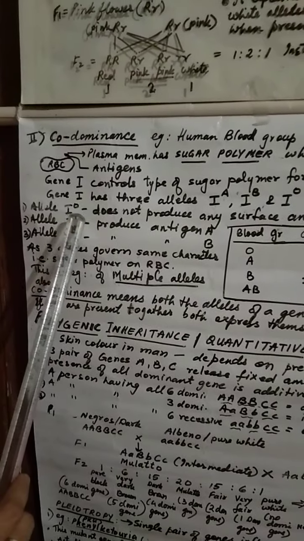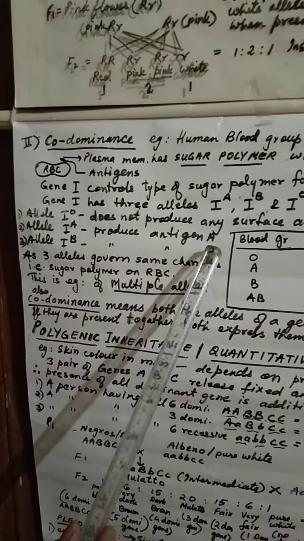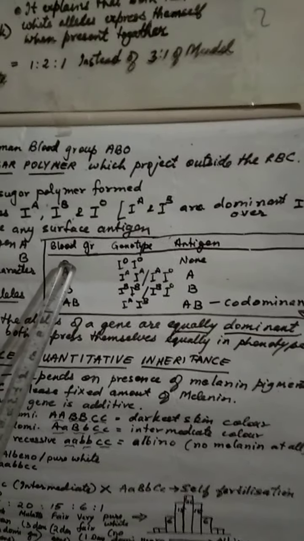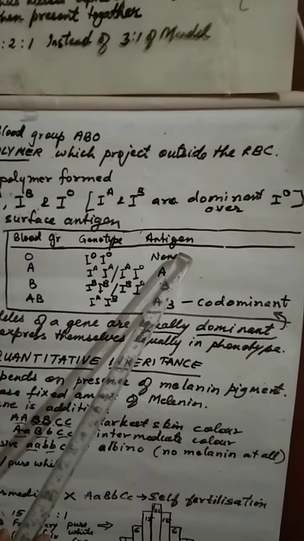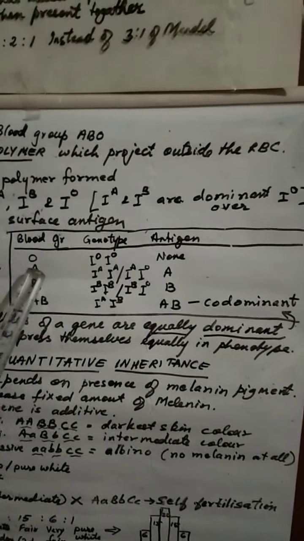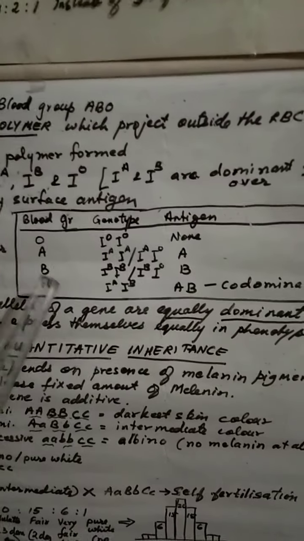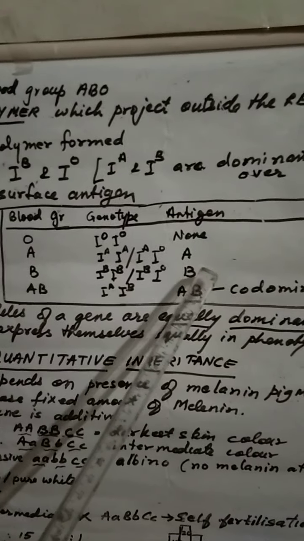If allele IA is present, it produces antigen A. If allele IB is present, it produces antigen B. On the basis of this, we will make a table and see the blood groups. If the blood group is O, the genotype is IO IO because they don't have antigens. In the same way, blood group A has these genotypes and antigen A. B has this genotype with antigen B on the RBC.